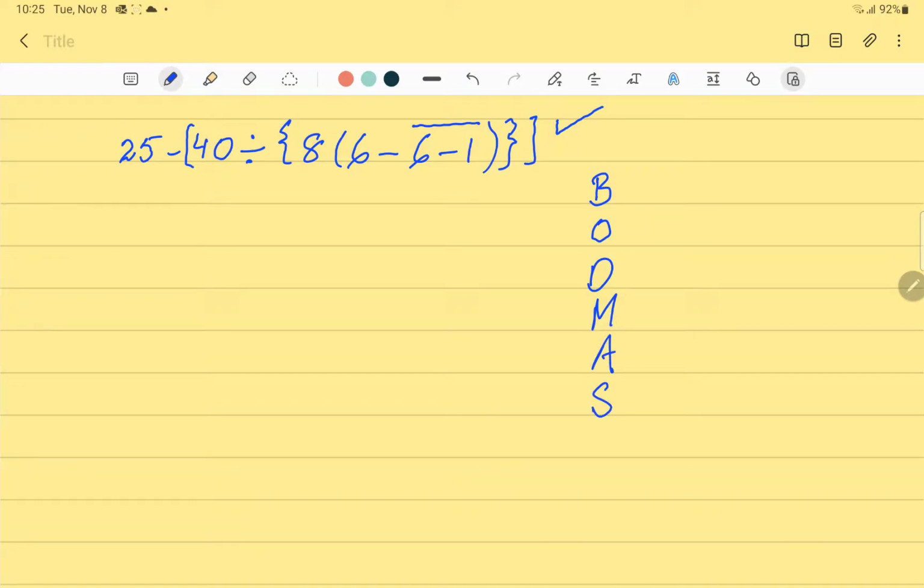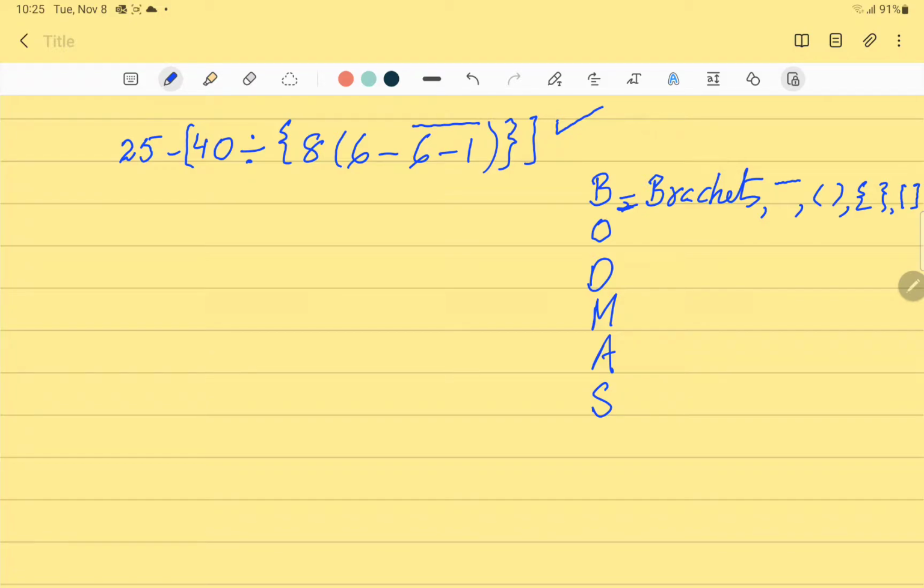B stands for brackets. What type of bracket? We have four types of bracket here: line bracket, small bracket, curly bracket and square bracket.